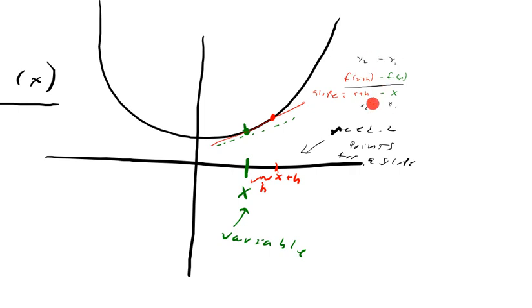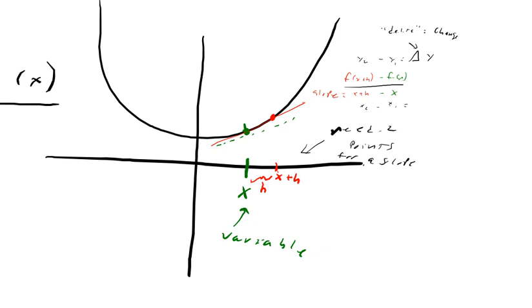Mathematicians like this concept of change a lot. They like to understand that things change, that things adjust, right? So instead of saying y2 minus y1, sometimes you'll see this written like delta y. This is the Greek symbol called delta, and it means change. So y2 minus y1 is the change of y.